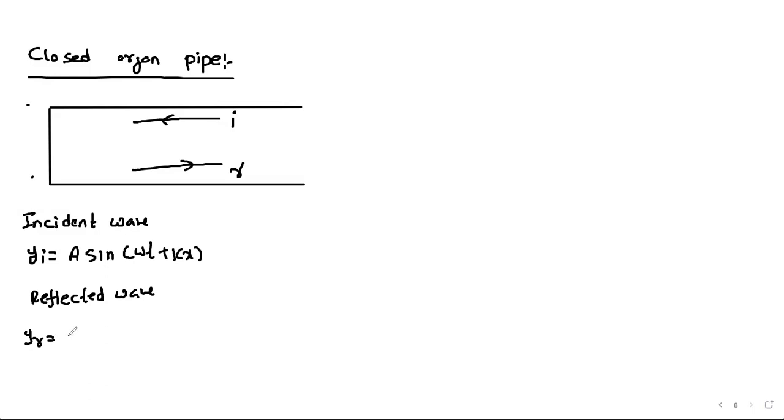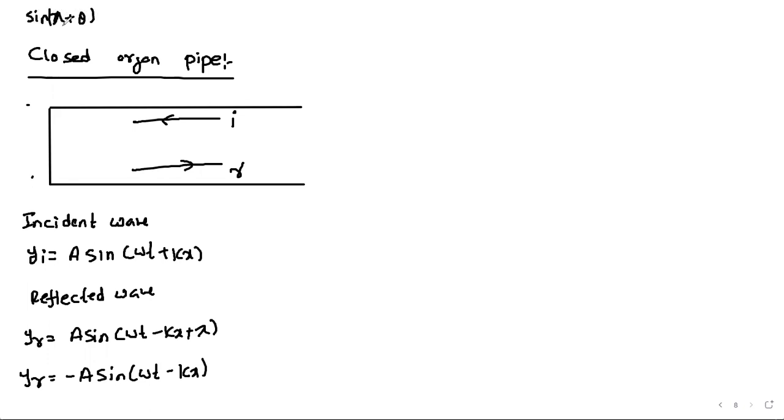The equation of reflected wave is a sine omega t minus kx. The reflected wave is traveling along positive x-axis, but the reflection is from a closed boundary, so we'll get a plus pi also. Due to which this equation is now minus a sine omega t minus kx, because sine of pi plus theta is minus sine theta.